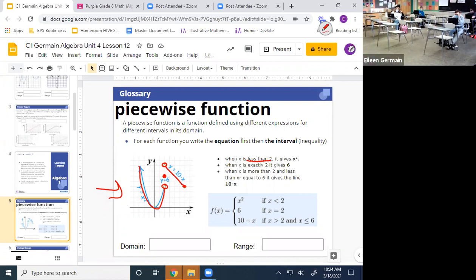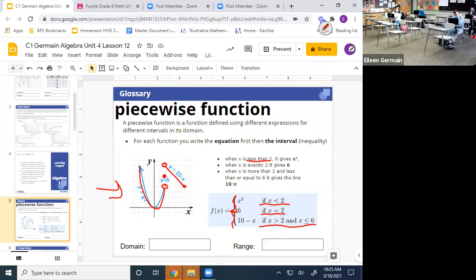Now, when we write in function notation, we say f of x or g of x, whatever the name is, equal to, and then we put a bracket here. That's a bad bracket, but whatever. We put our 3 equations and the intervals in which they apply on our graph.